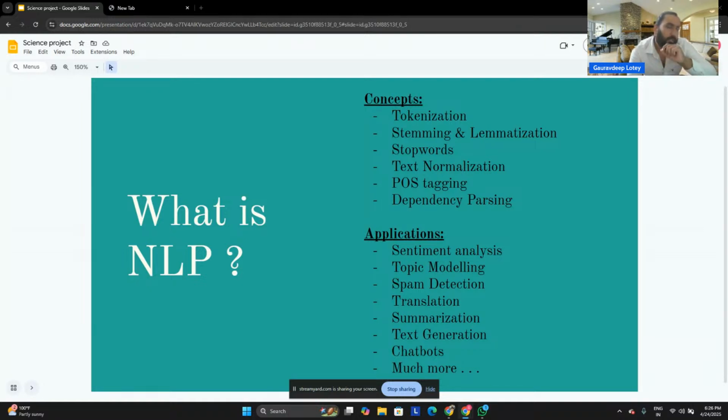So, in order not to create unnecessary garbage for the computer when it comes to words like running, runner, or run, they all are related to an activity of run, right? So stemming and lemmatization are the concepts where we trim these words to their root form. Okay, wanted, wanting, they all are trimmed down to want.